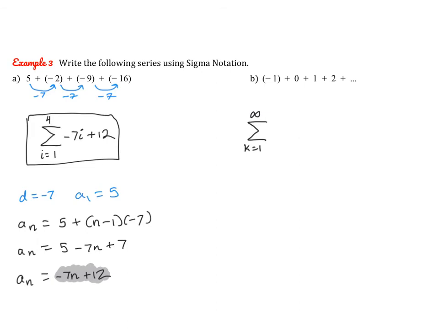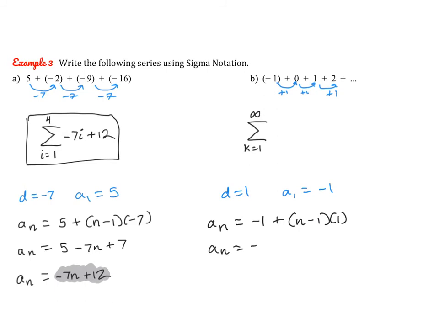And then our next job is to write the explicit rule for this sequence. So again, let's look for a common difference. You can see +1, +1, +1, so that must be our d value. Our first term, a sub 1, is -1. So let's make our rule using our formula: a sub n equals a sub 1 plus n minus 1 times our d value.